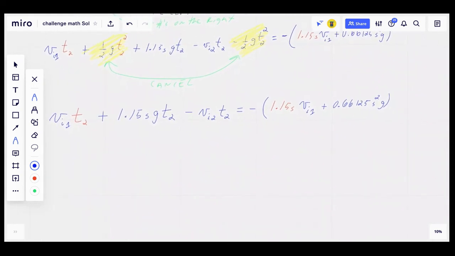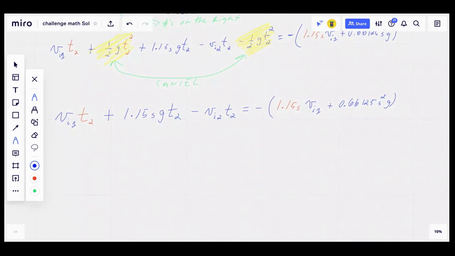Okay, so it's definitely getting a little neater here. All right.